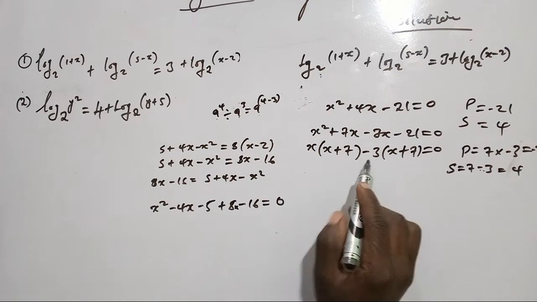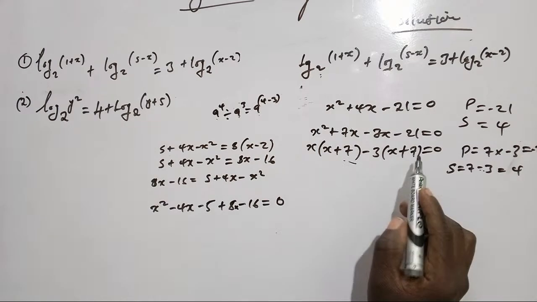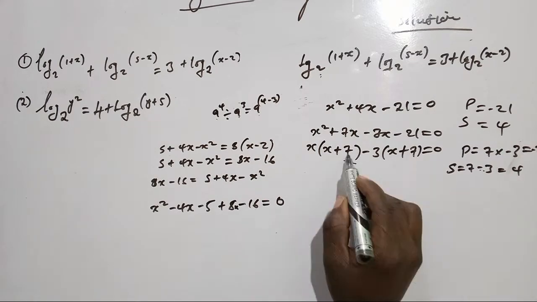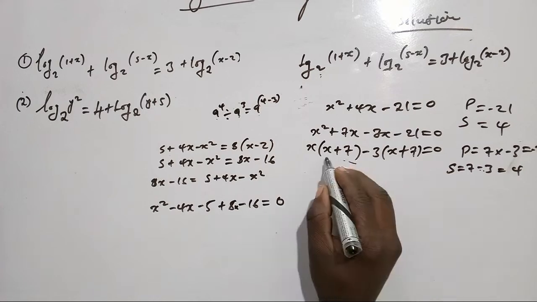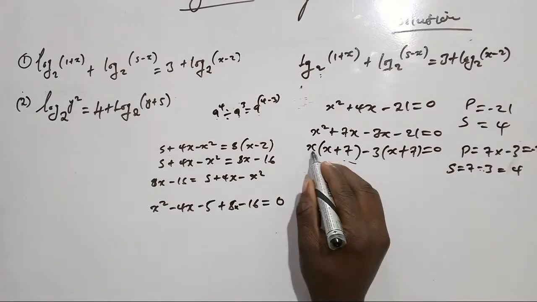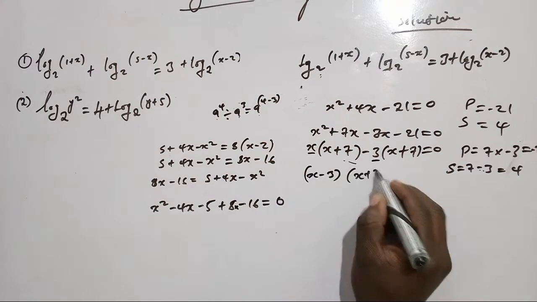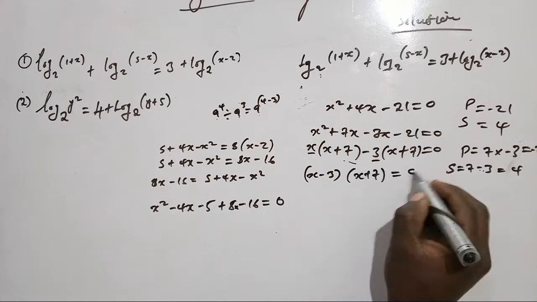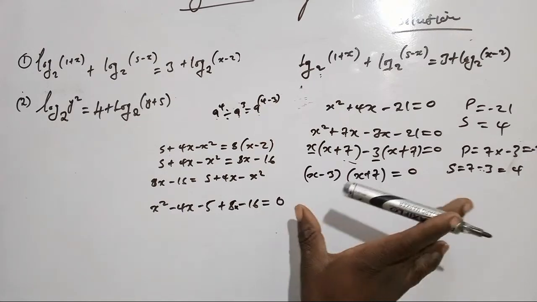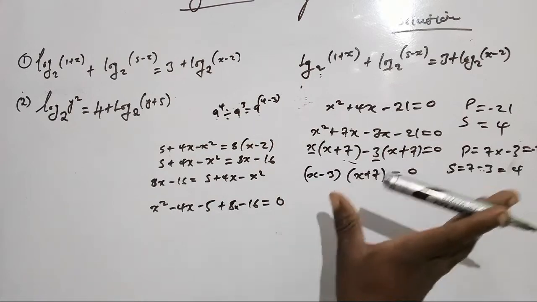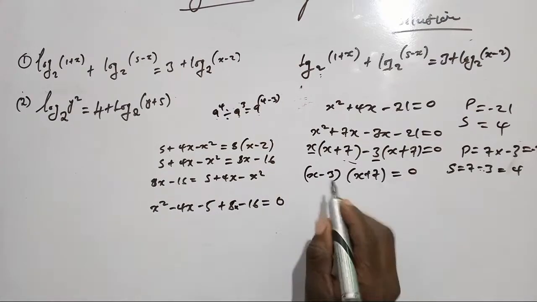So if you reach here, you have to make sure that this term and this term are equal. We have a positive 7, so this term and this term are equal. So we're going to take this term and this term here: (x - 3)(x + 7) equals 0. Then you have to equate each equation to 0.